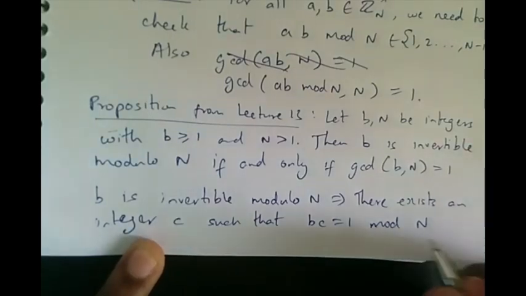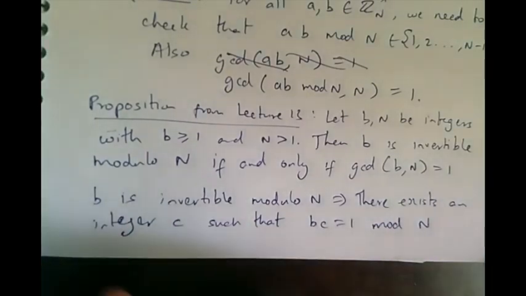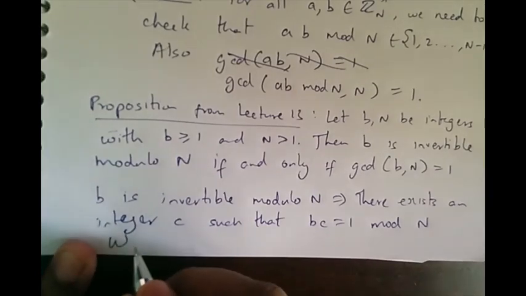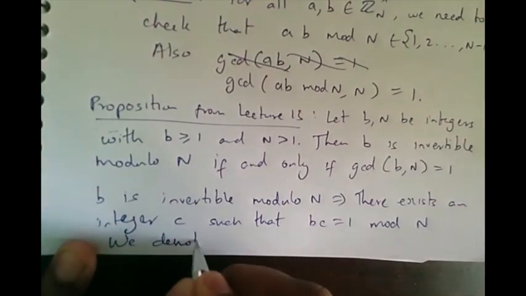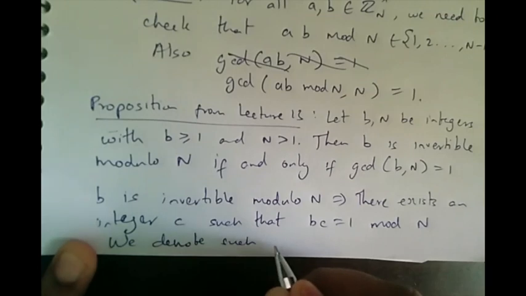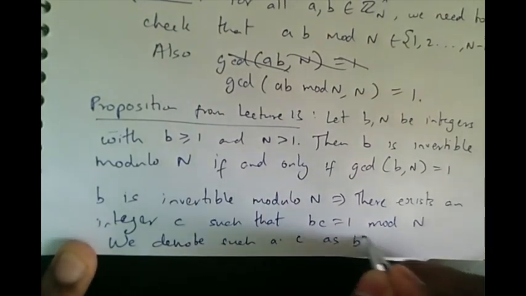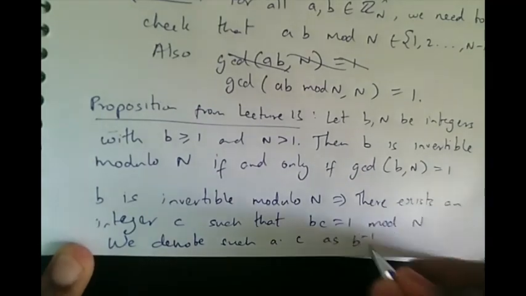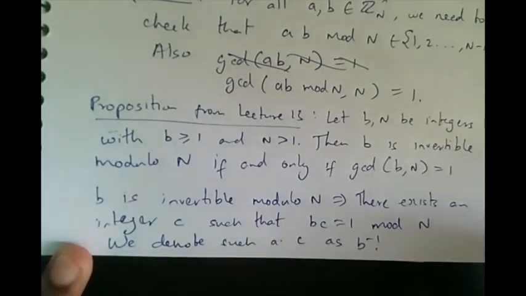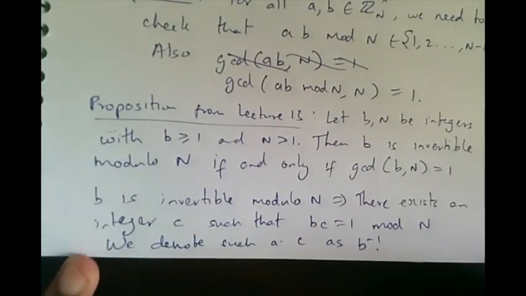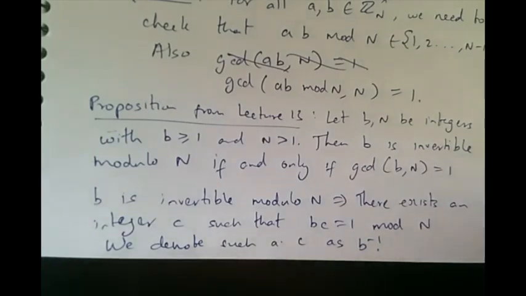And we denote this integer c as b inverse. It's a convenient notation because when you say b inverse, it automatically implies that it is the multiplicative inverse of b modulo n.